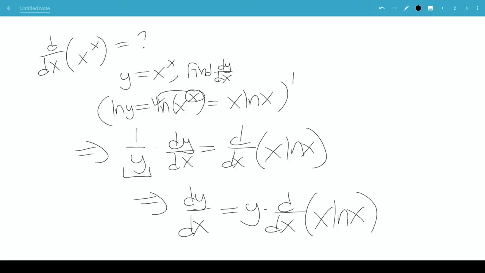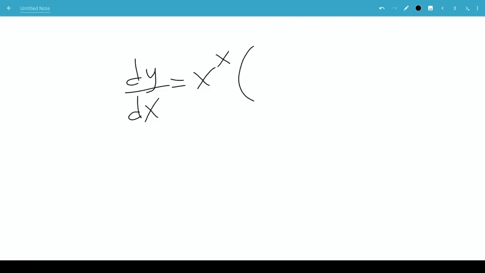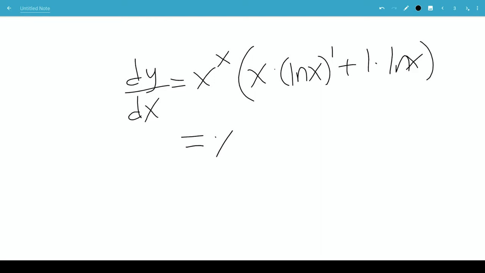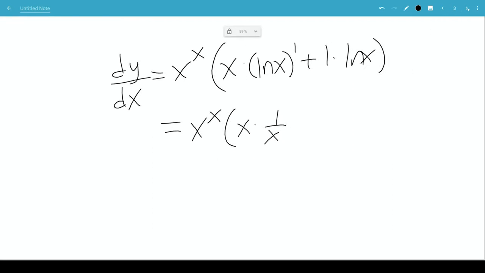And the derivative of this bit of x ln x is x times ln x prime plus the derivative of x, which is just 1, times ln x. So this will be x to the x times 1 over x. So the derivative of ln x is 1 over x, plus ln x.